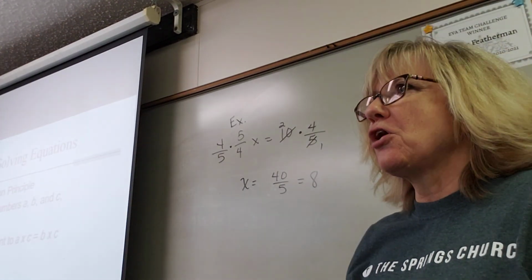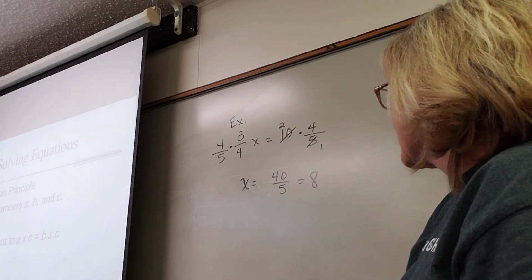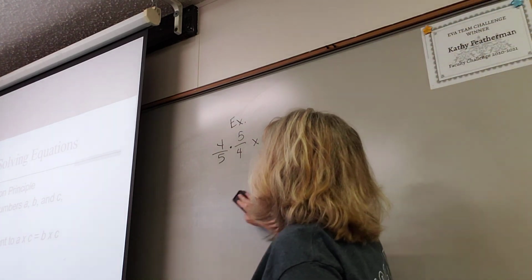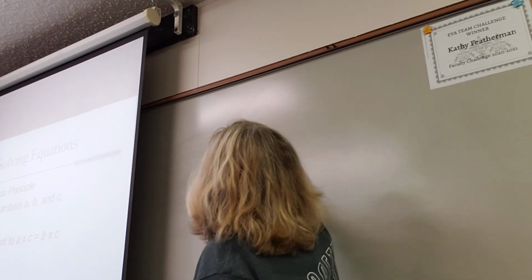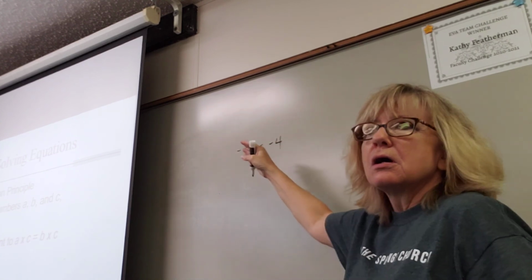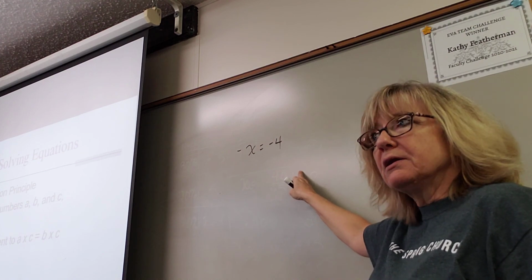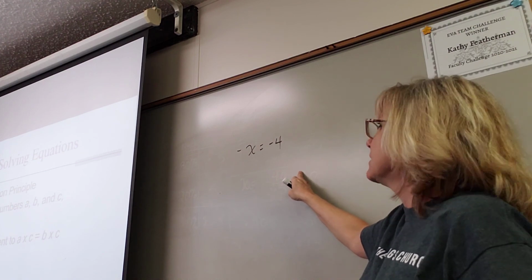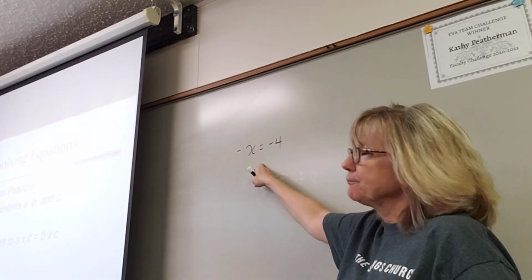All right, the last thing we'll talk about is multiplying by a -1. I'll just give you an example. If I had -x equals -4, you simply multiply both sides of this equation by -1, and it will change the sign of x and give me the positive answer that I'm looking for.